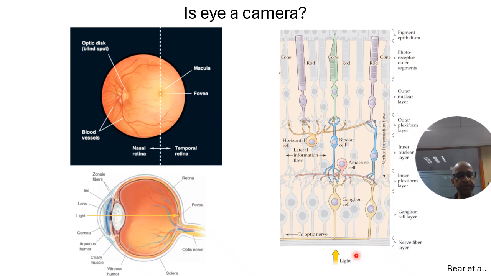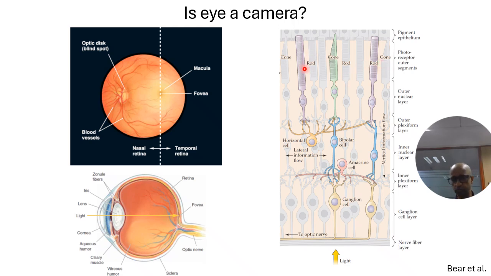If you were engineering a device that was doing visual information processing, you would put light sensors directly when the light comes in, right? But instead, in the eye, it passes through the nerve layer that passes information to the brain from the eye, passes through ganglion cells, amacrine cells, bipolar cells, and horizontal cells that process visual information, and then finally it hits the rods and cones, which are the light sensitive cells in the eye.